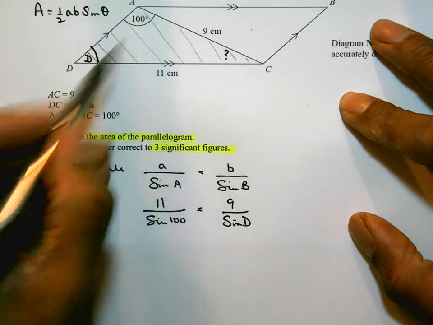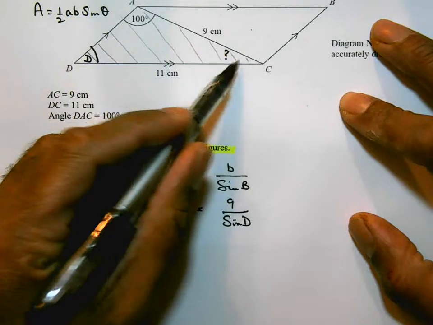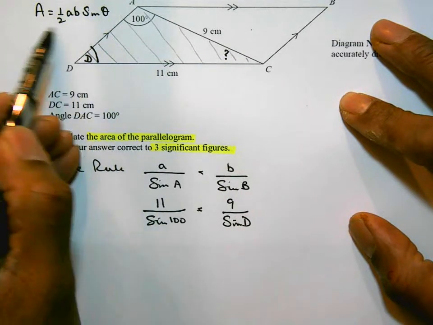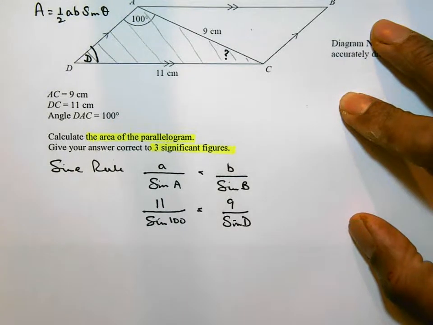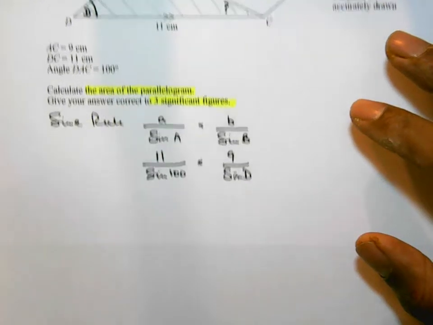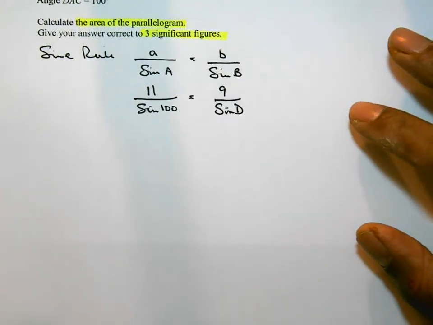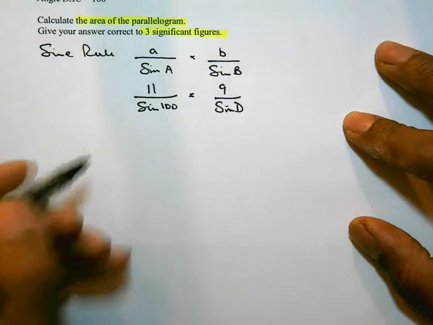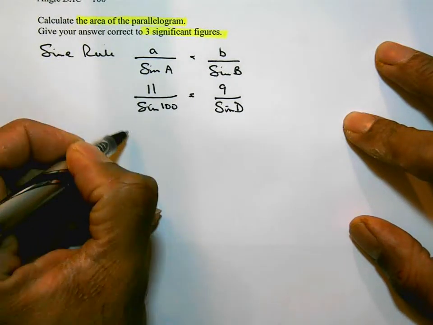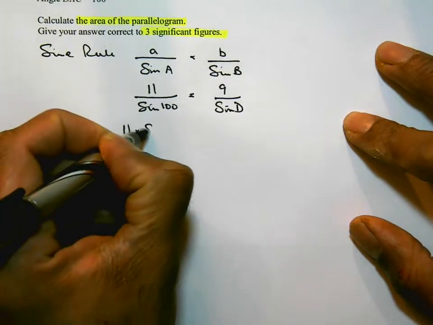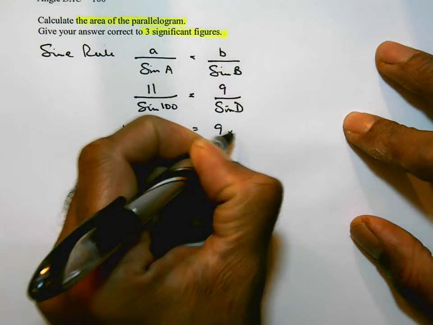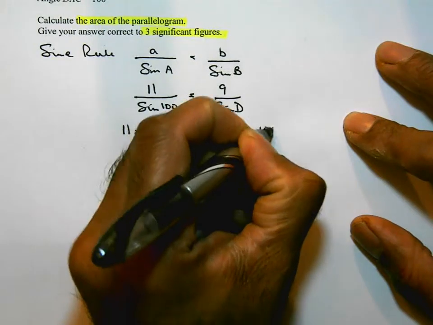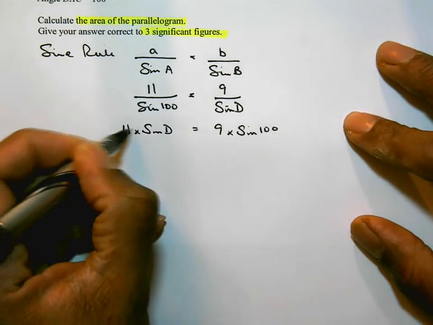I'm thinking that I know 2 angles in the triangle, so I can work out the third. Then I could use this with my formula for the area of a triangle to work out the area of that whole triangle, which I'll then double to find the area of the parallelogram. So I'm going to just focus on this bit of maths now. If I cross multiply, I'll get 11 times sine D is equal to 9 times sine of 100.